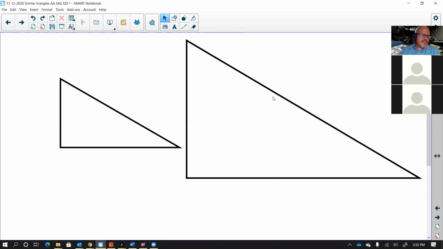And I can guarantee you, I'm going to tell you this right now, this is the right angle, that's the right angle. And so now, this is 3, this is 4. A similar triangle based off of this, an easy one, would be 6, 8, and 10. These two are similar. They're always going to be similar. That's a good similar one.